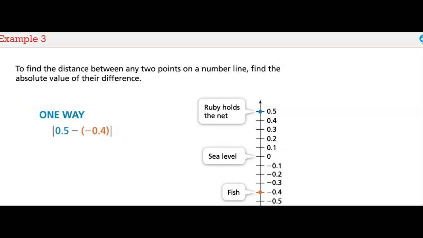One way to express the difference is the absolute value of 5/10 minus negative 4/10. Subtracting a negative number is the same as adding its opposite. So the expression is equivalent to the absolute value of 5/10 plus 4/10, which is the absolute value of 9/10, or 9/10.